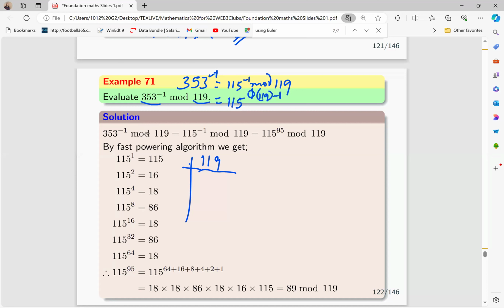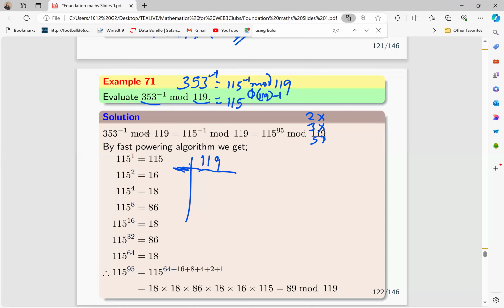So you try the smaller numbers. You try 2, it cannot divide this number. 3 cannot, because the sum of these digits is 11, and 3 cannot divide 11. 5 is the next prime number.